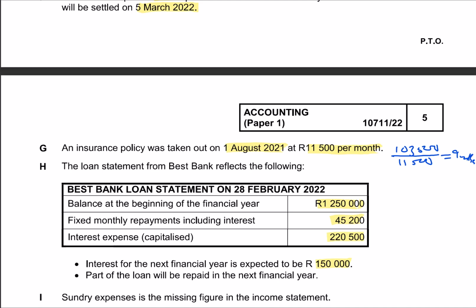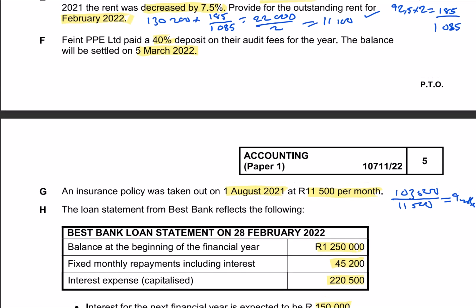But from the time the insurance was taken up to the time that our year ends, it's August, September, October, November, December, January, February. That's 7 months.